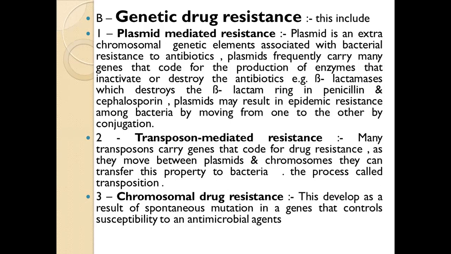أهم ما موجود عندنا هو البلازميد mediated resistance، المقاومة المرتبطة بالبلازميد. Plasmid is a circular extra chromosomal genetic element. هي عبارة عن genetic elements DNA يكون خارج الكروموسوم.